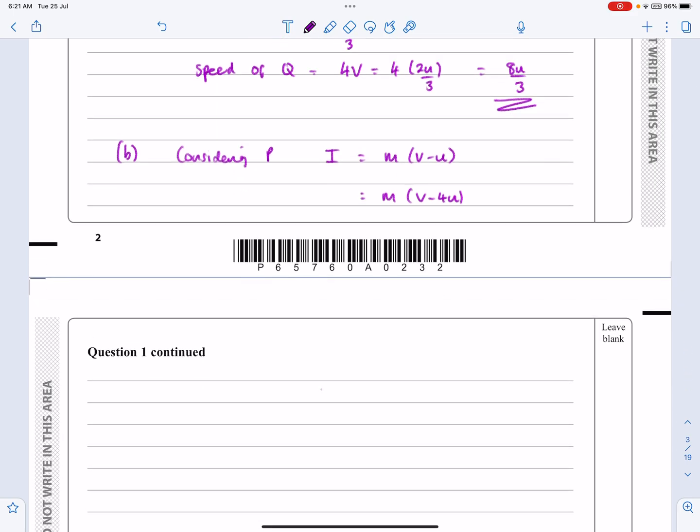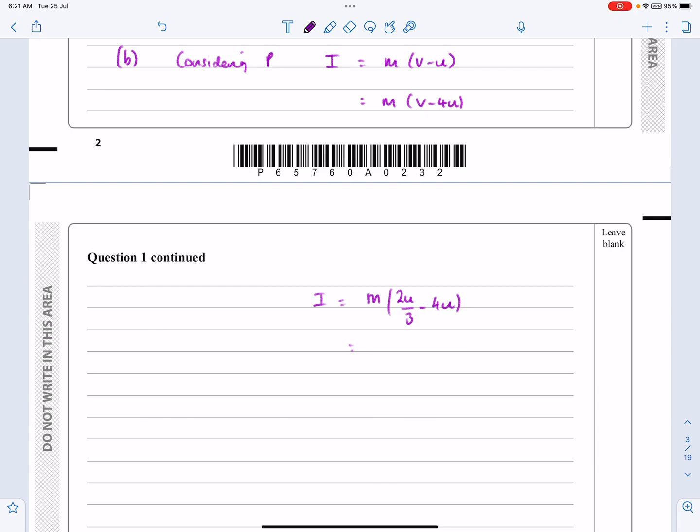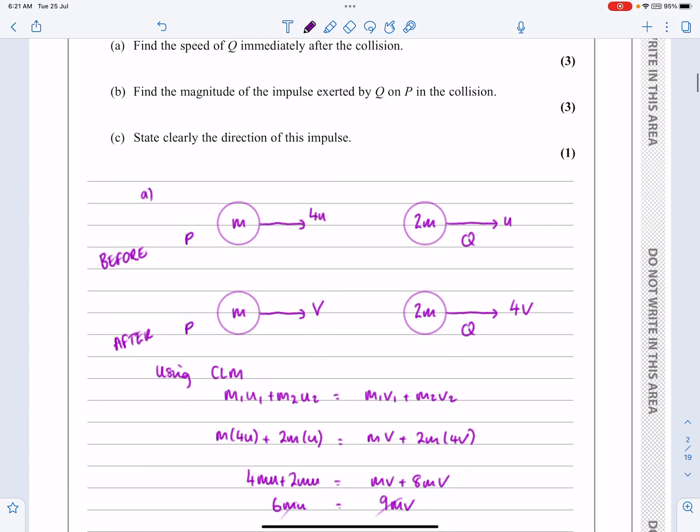We've worked out that V was 2U over 3, minus 4U, which gives me a negative impulse of minus 10MU over 3. That's showing me that the impulse is going in the opposite direction there.